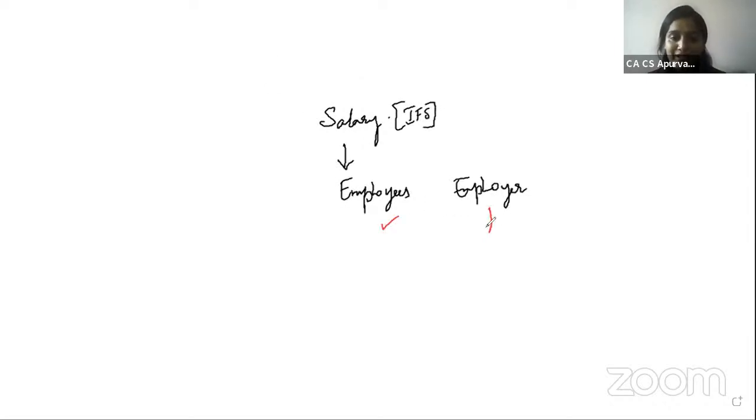When you're solving PGBP, profits and gains of business or profession, you're supposed to think from the employer's point of view. So here we all will think from the employee's angle.